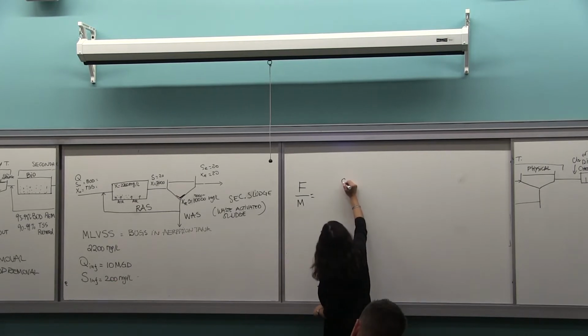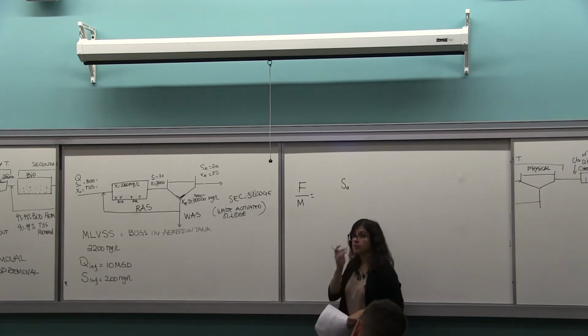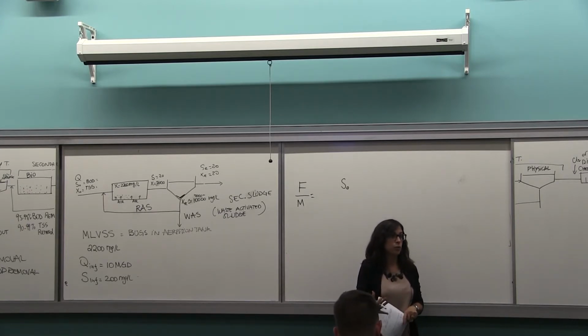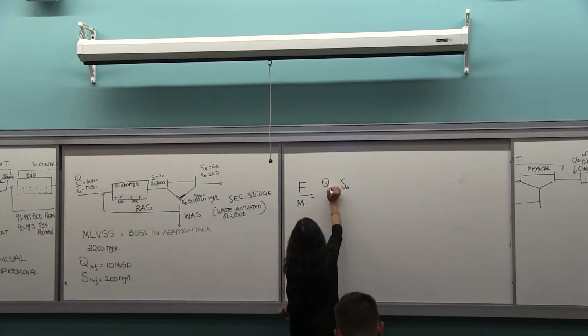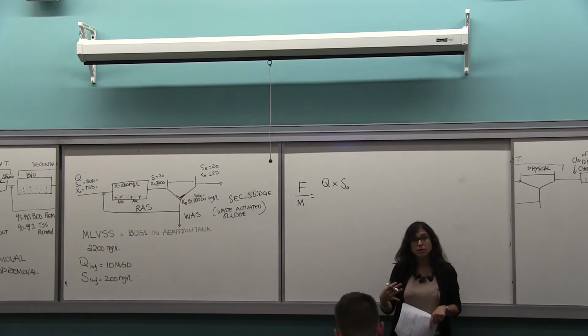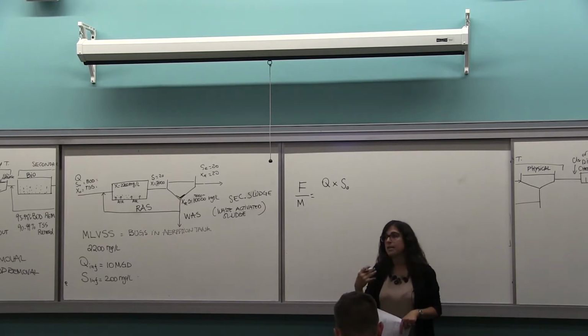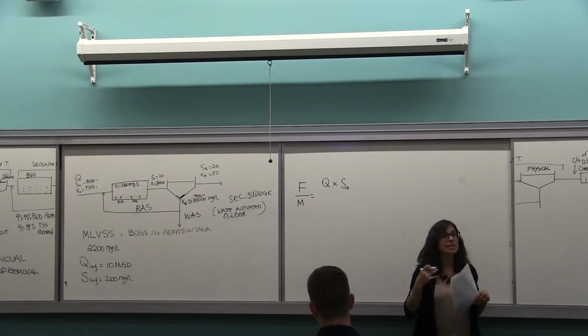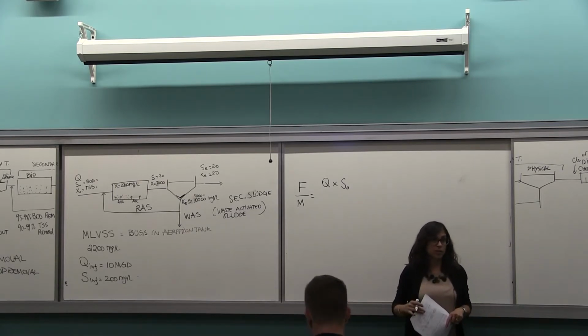If I call S naught the concentration of BOD coming into the aeration tank, that's the concentration of food. The mass of food will be Q S naught. That's the kilogram of BOD, the kilogram of organic matter coming in. That's my food for the bugs.